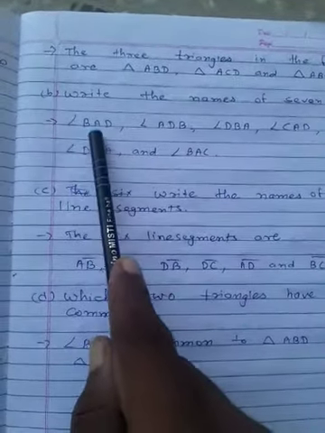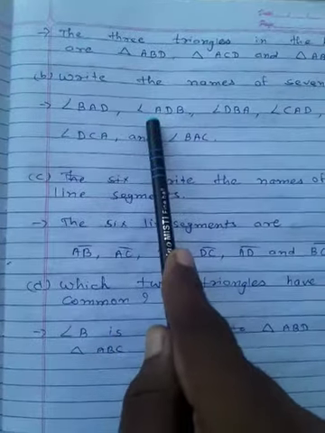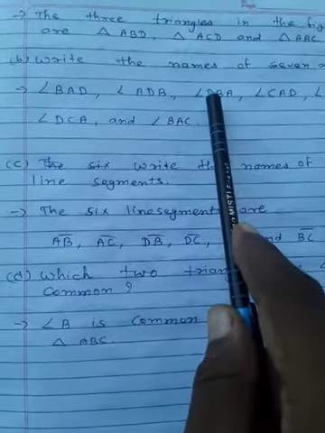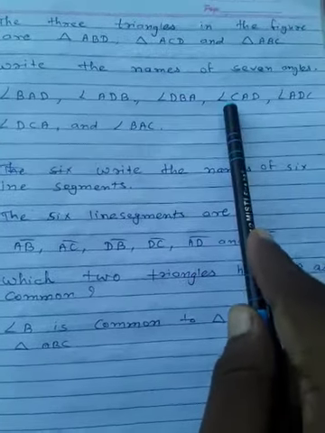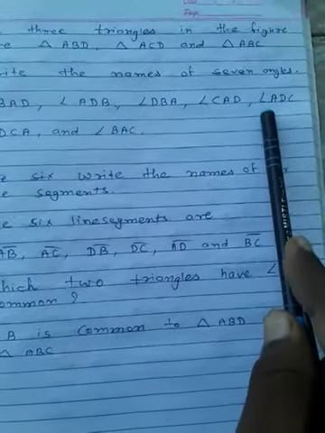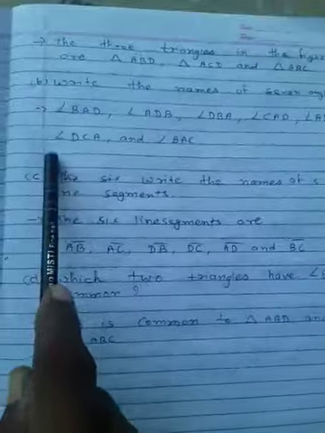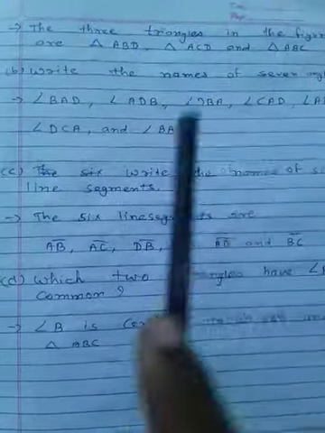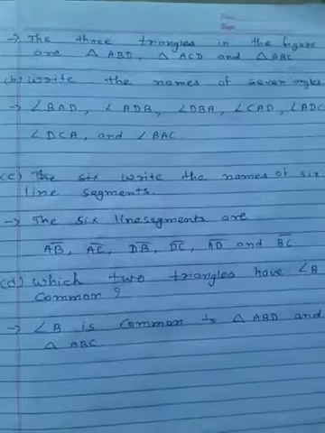Angle BAD, angle ADB, angle DBA, angle CAD, angle ADC, angle DCA, and angle BAC. These are the 7 angles.